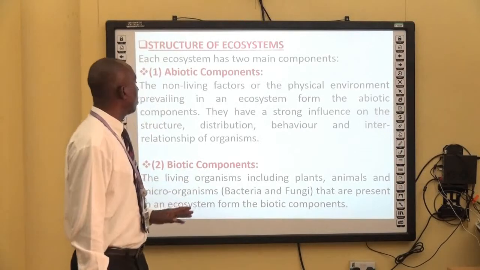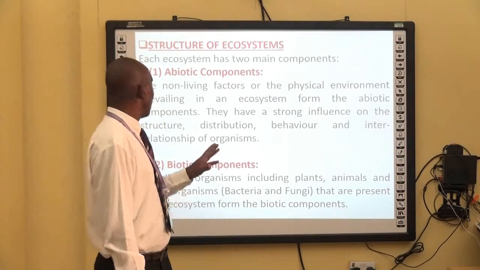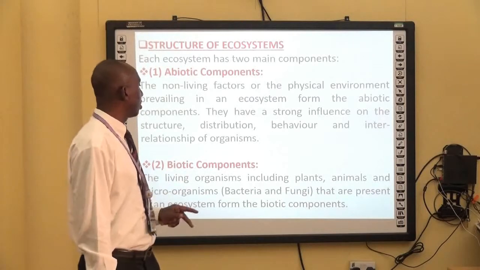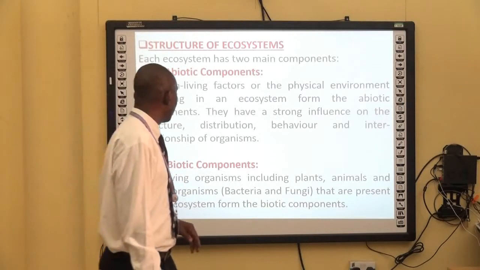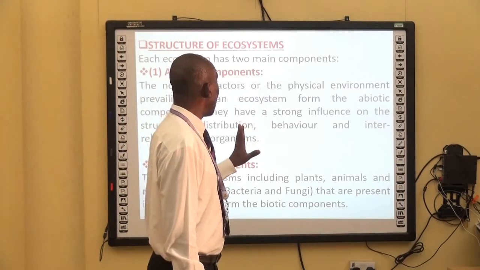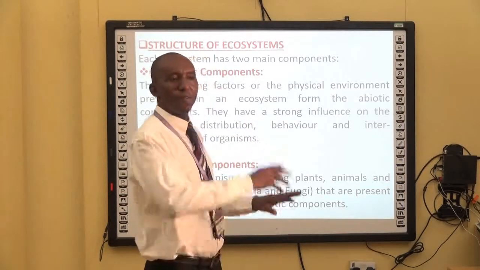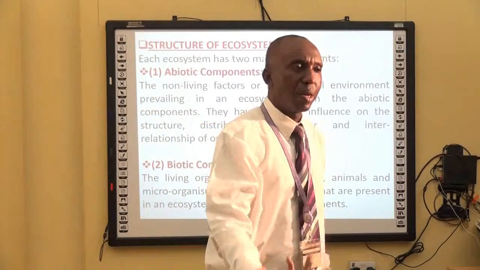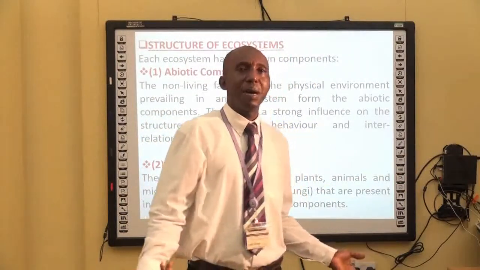Like we said, the second part is the biotic component. These are the living organisms, including plants, animals, and the microorganisms we have. They are present in an ecosystem in any proportion. In some ecosystems, you can find more plants than animals.